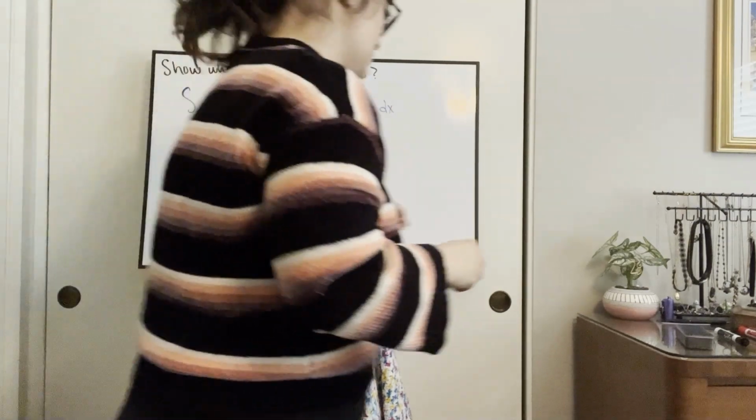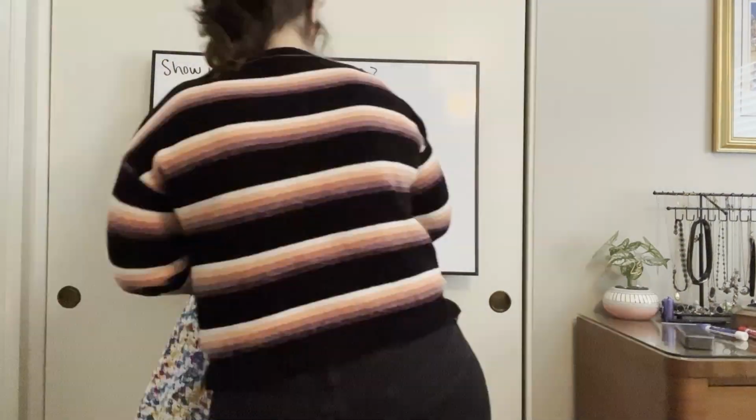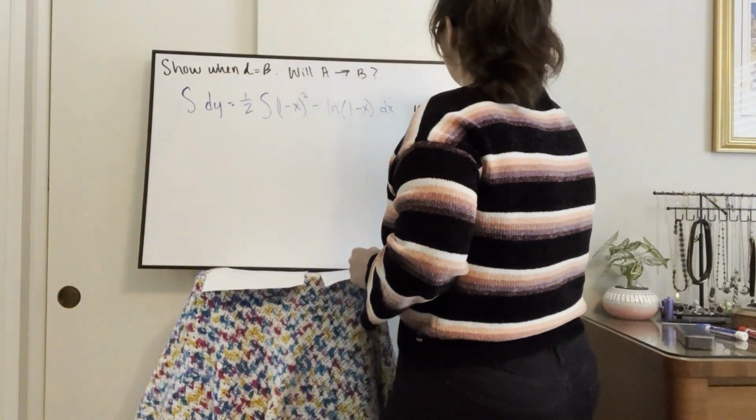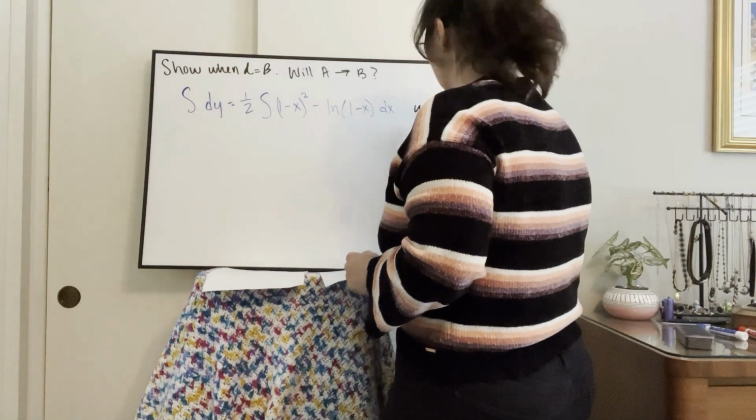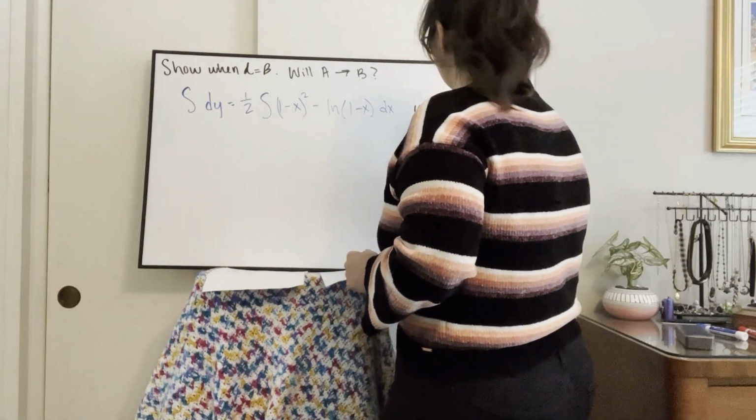Awesome. We switch pens. All right, we're going to use u substitution again, just like we did last time. So u is going to be equal to 1 minus x, and dx is going to be equal to negative du.